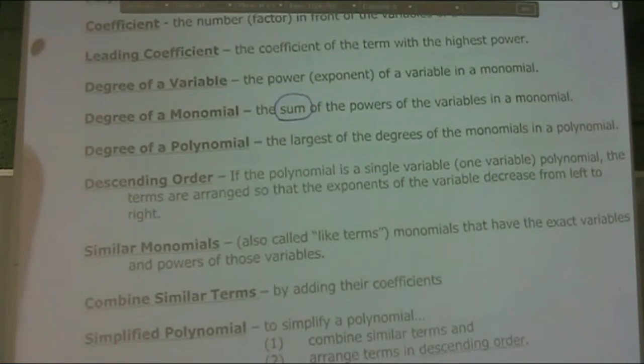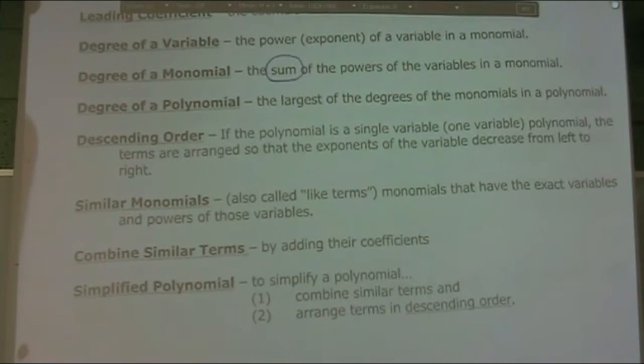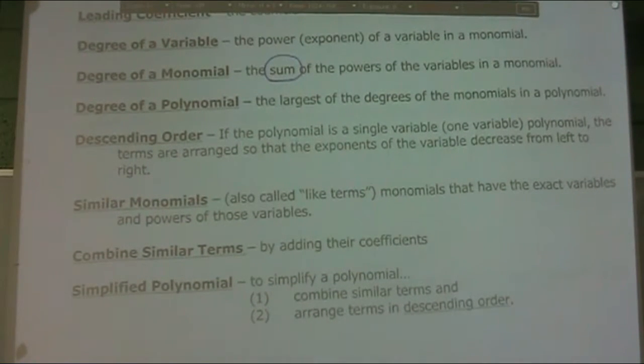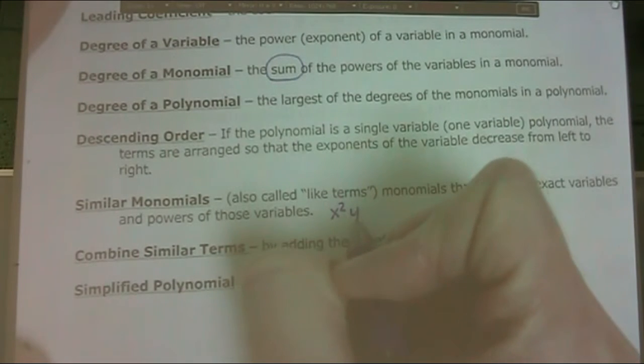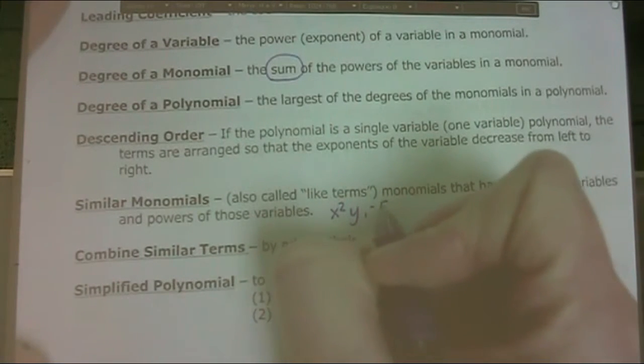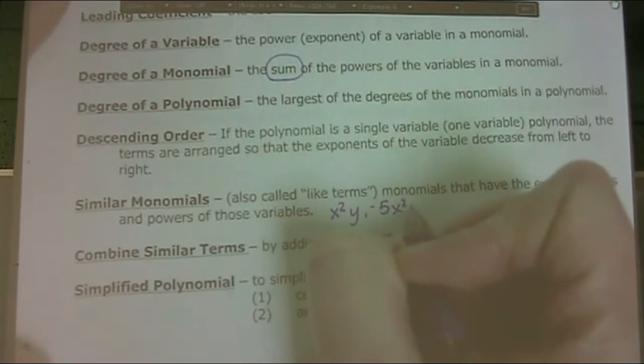So back to our vocabulary, we have similar monomials. And this is something we also call like terms. And you remember like terms from Algebra 1. These are monomials that have the exact variables and powers of those variables. All right? So, for example, x squared y and negative 5x squared y.